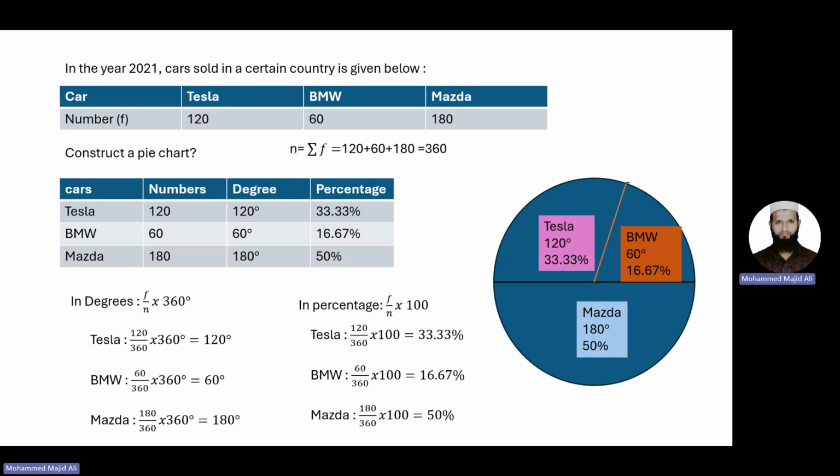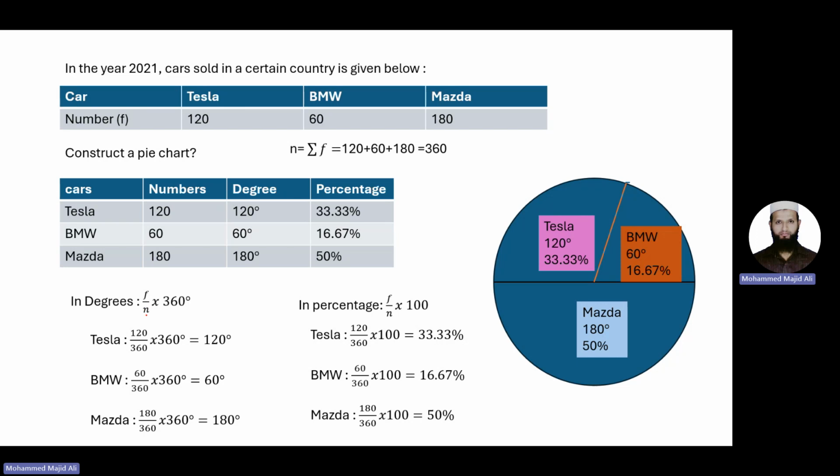So here N, what is N? Sum of all the frequencies. 120 plus 60 plus 180 equals 360. Now here I have shown both in degrees and percentage. How do you calculate in degrees?